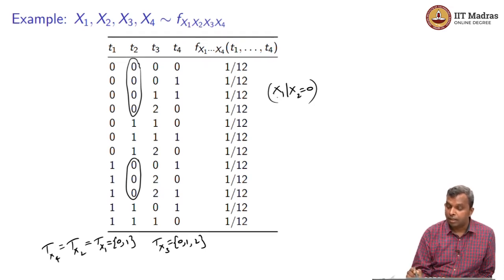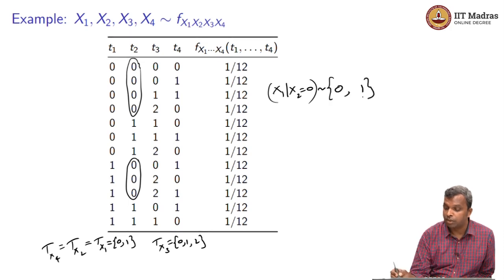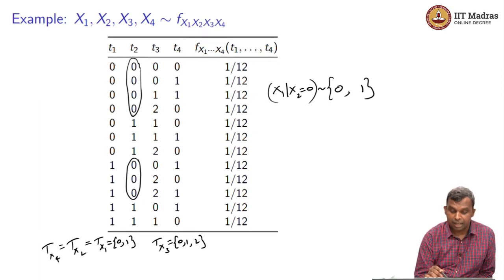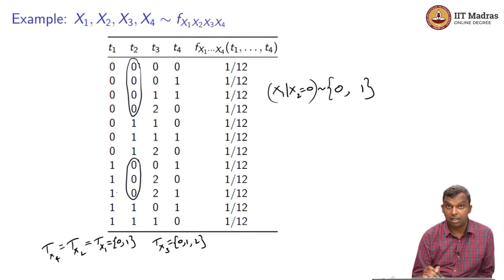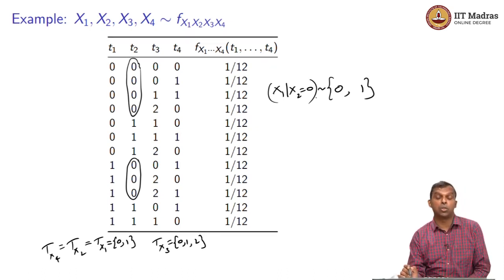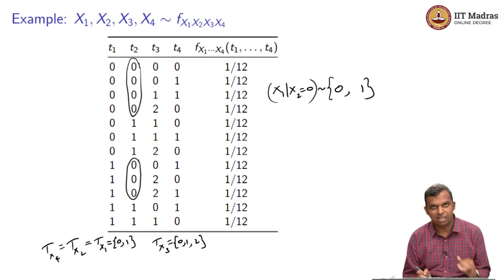So you look at how many cases you have where x1 equals x2 equals 0. If you look at this distribution, I know x1 takes two values, 0 and 1. Given that x2 is 0, I am seeing that x1 takes value 0 sometimes and value 1 sometimes. So that's the first thing: you identify the range of the conditional random variable also. You identified the overall range, that's okay.